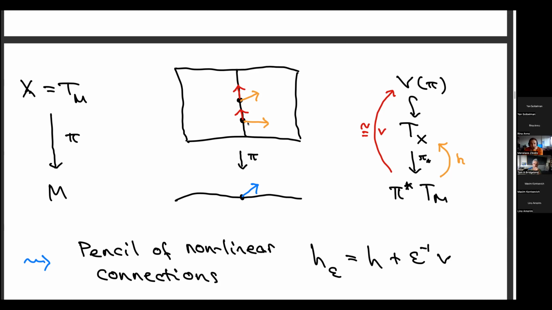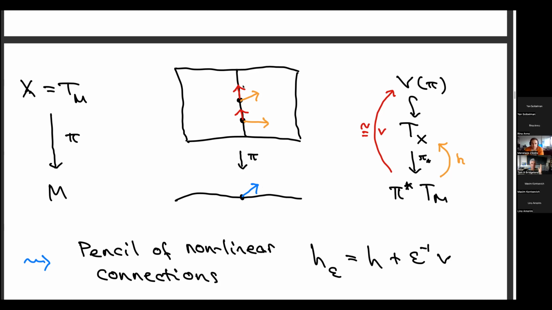But now there's another thing, which is that because this isn't just any old space, it's actually the tangent bundle, there's a vertical lift as well. If I take a tangent vector downstairs on M, I can think of that as a tangent direction to the fiber, because the fiber is the tangent space.